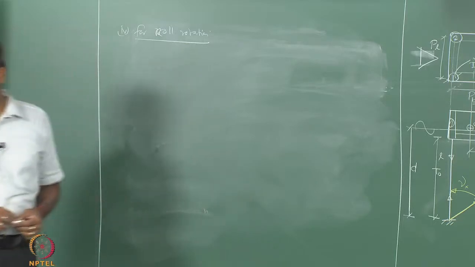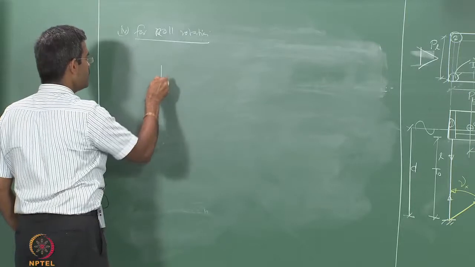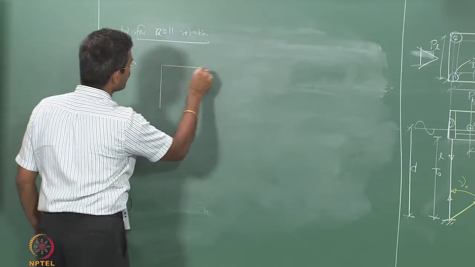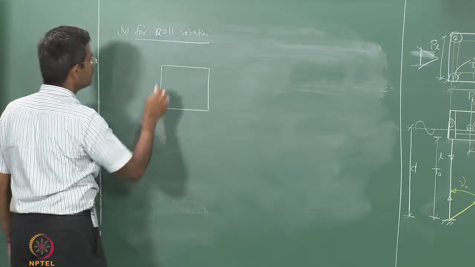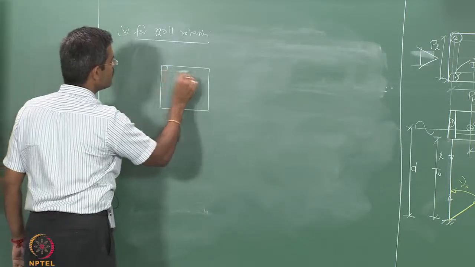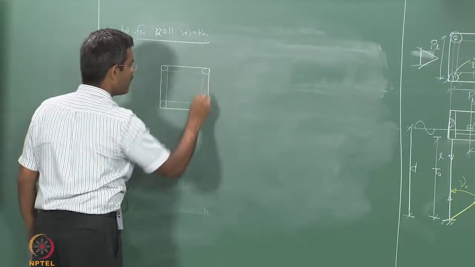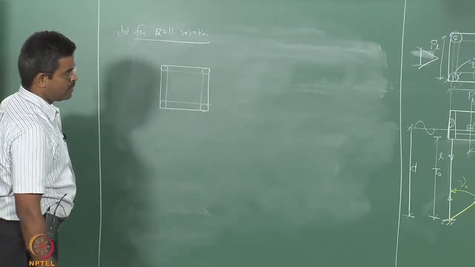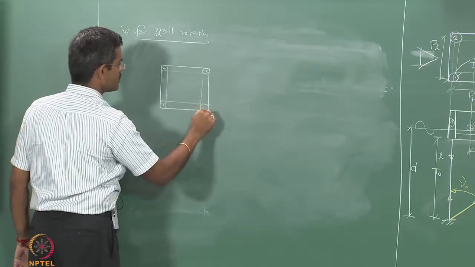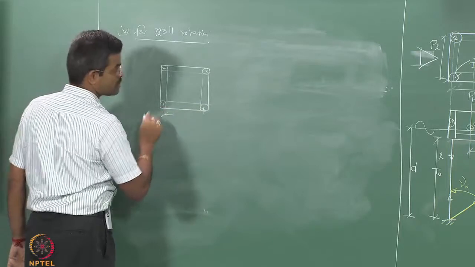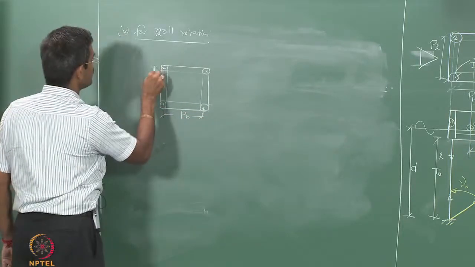So, let us draw the diagram now. Let us say this is 1, this is 2, this is 3 and this is 4, and this is PB and this is PL.